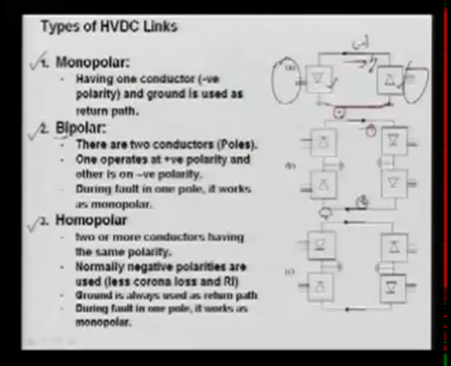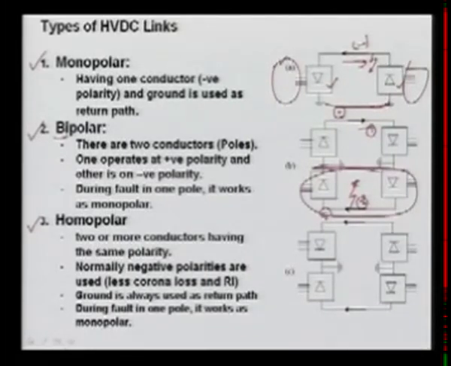So here in this bipolar, as I said, there are two poles. The major advantage is that, suppose one pole is faulted. We can stop the operation of this one pole, and then we can operate this bipolar just like a monopolar. That means we can have ground as the return path, and we can feed half of the power during the emergency condition if a fault is there.